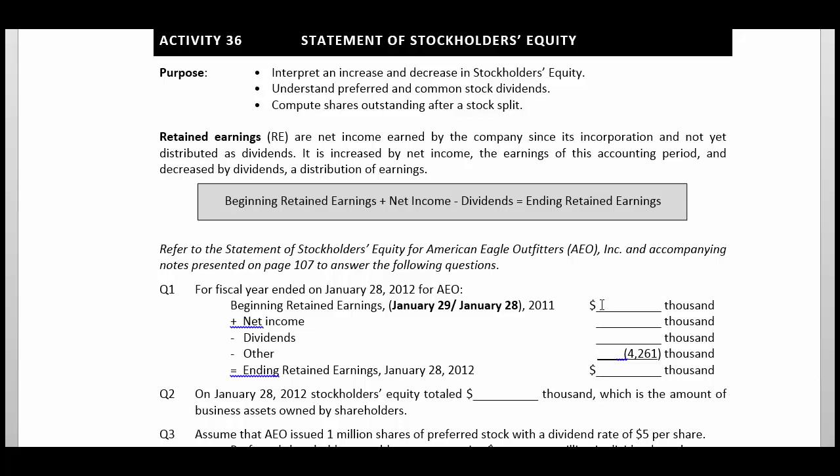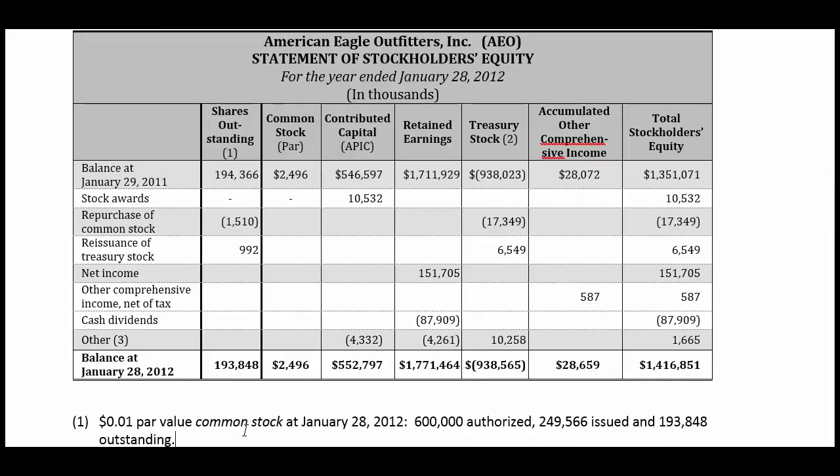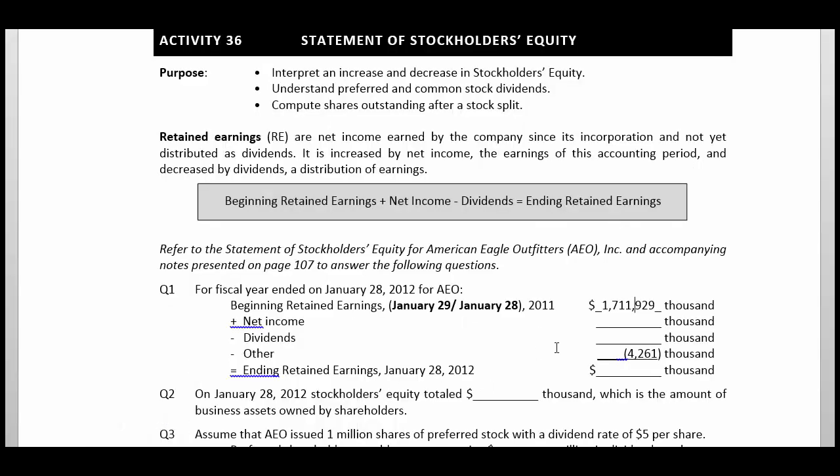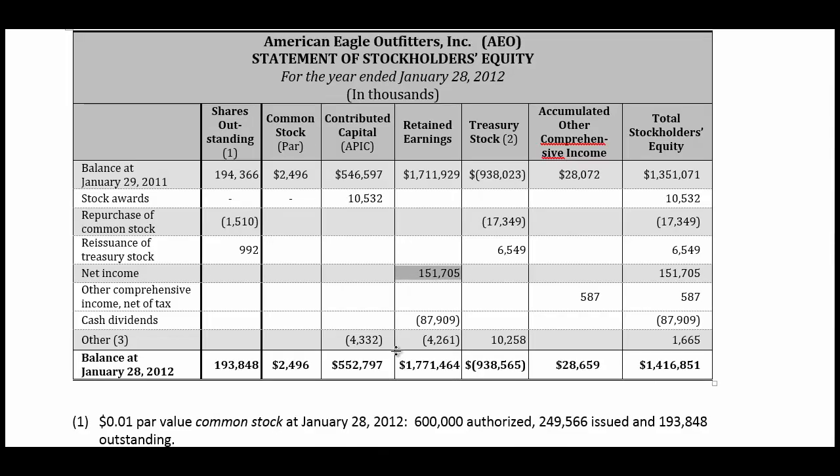What's the value of beginning retained earnings? $1,711,929, and I got that from here. Net income is shown right over here, $151,705. Dividends is shown over here, $87,909.